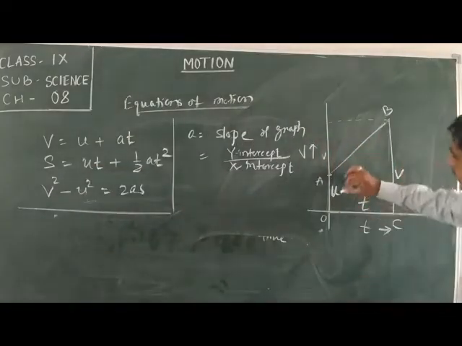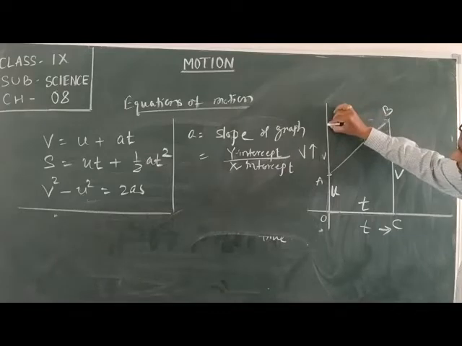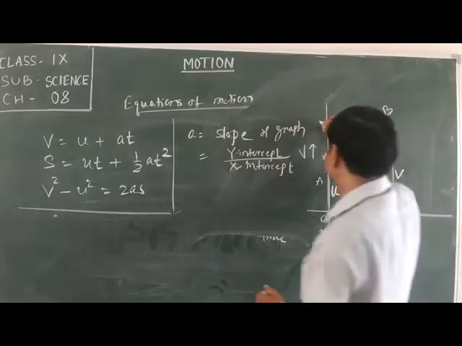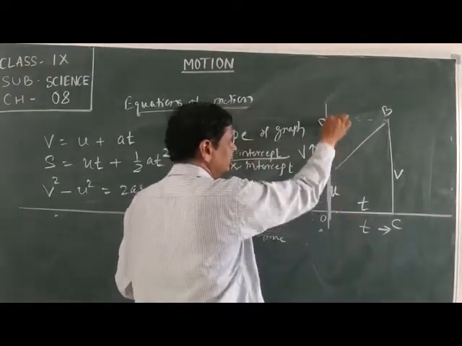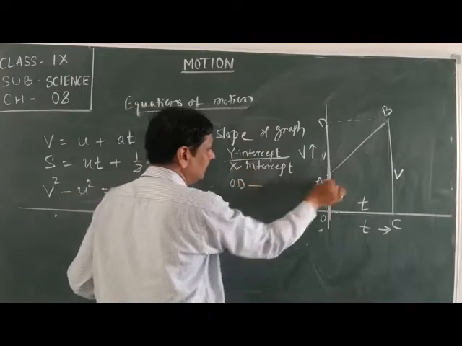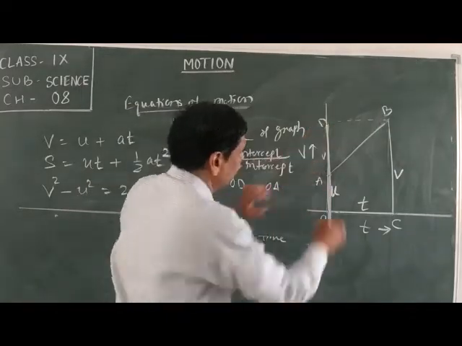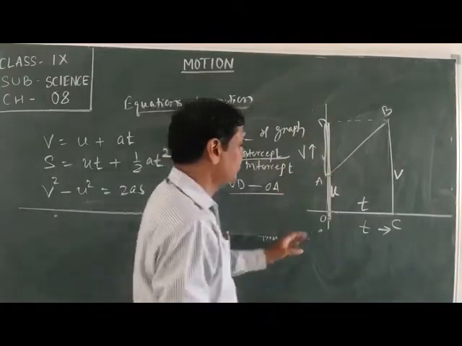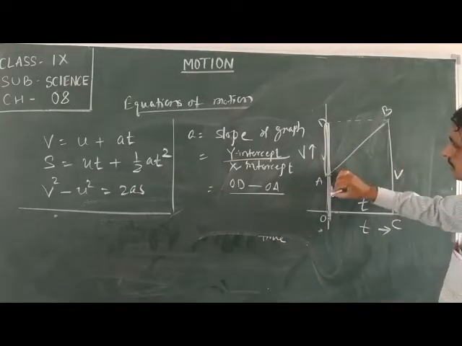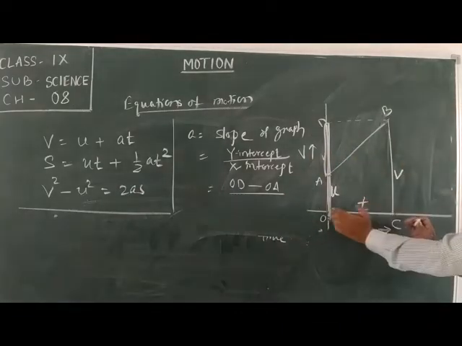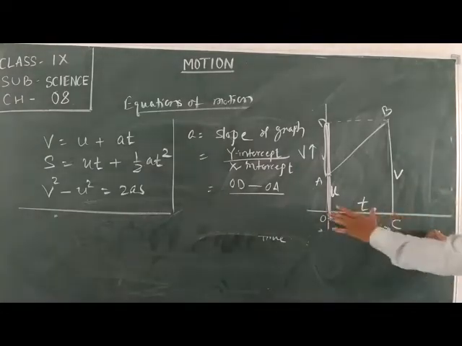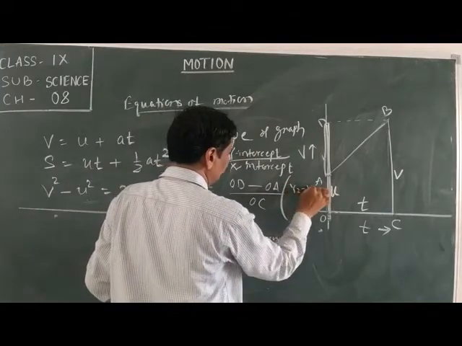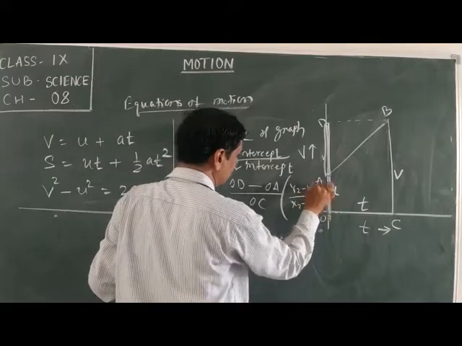Here, the y-intercept: in total it is V, this much is U, and this point is D, so OD is V. OD minus OA is the intercept, divided by the x-intercept, which is OC, from 0 to this point C. That is y2 minus y1 by x2 minus x1.